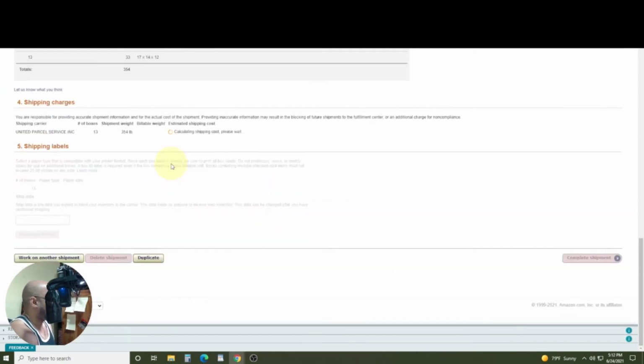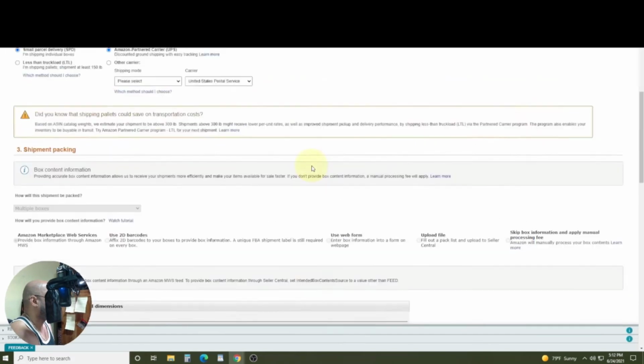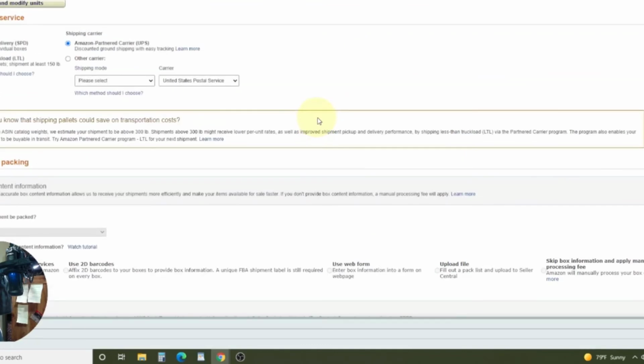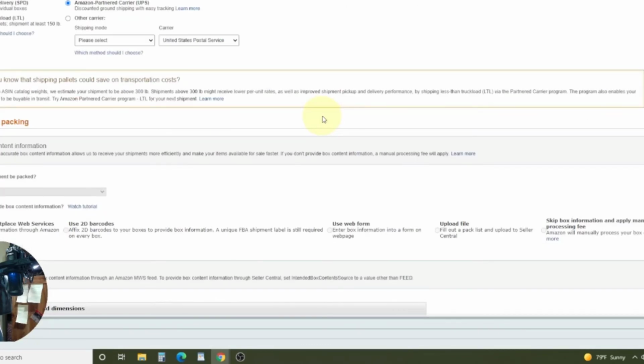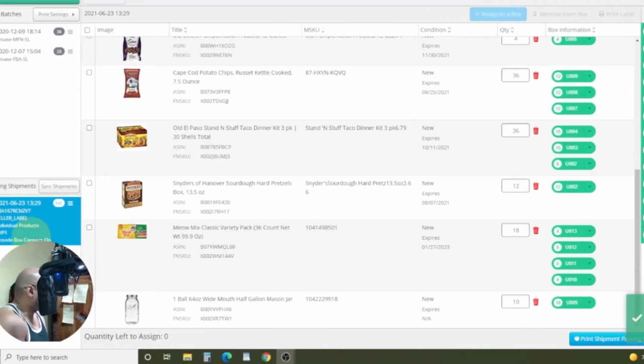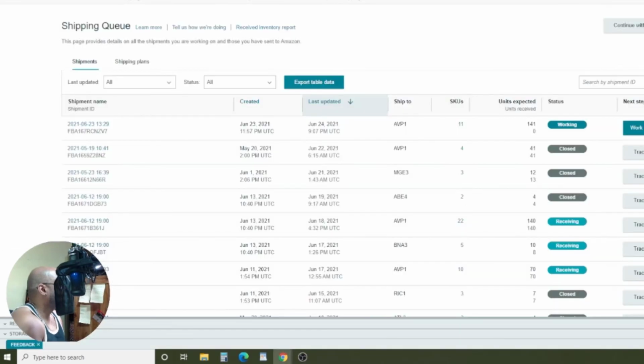And remember, we had, I think, 141 units. And that's going to be important because a lot of people are asking, okay, how much does it cost to have your product shipped in FBA? If you look right here at that shipment, you can see there were 141 units.